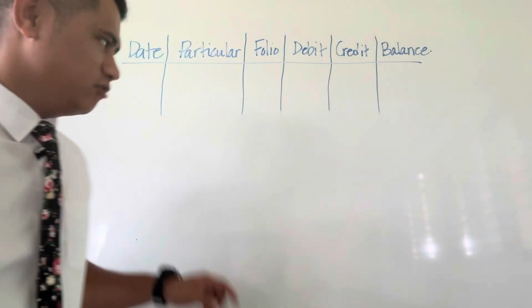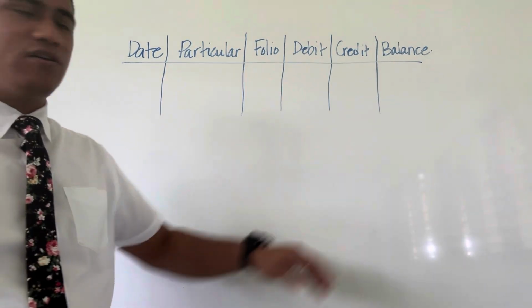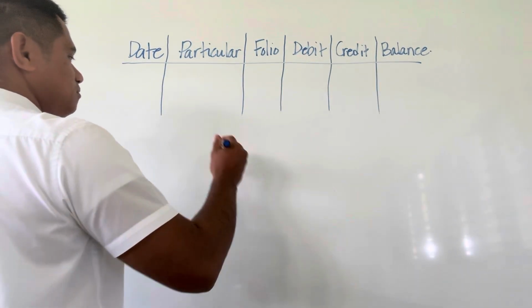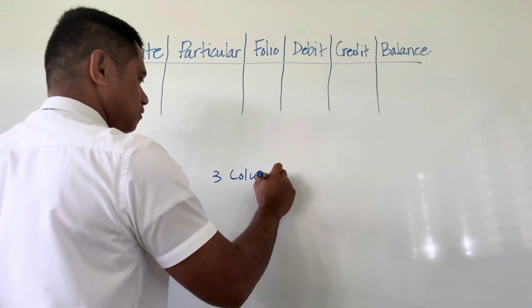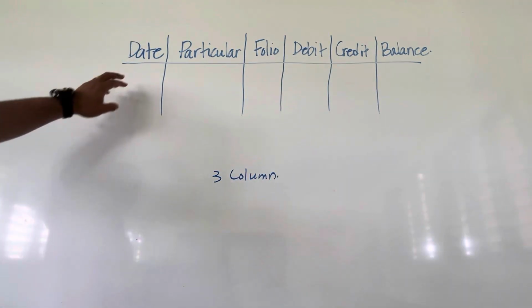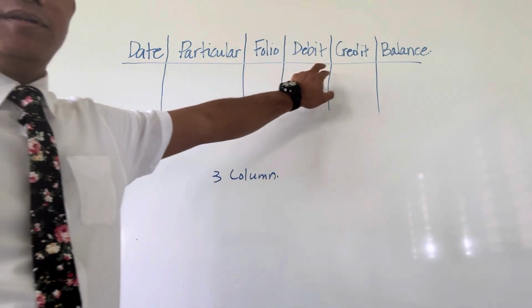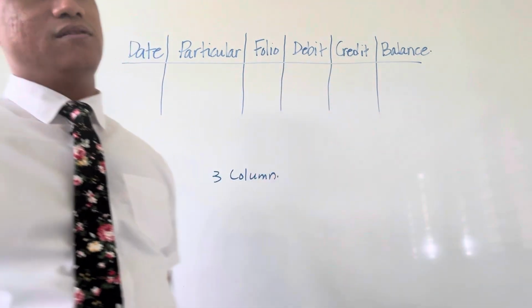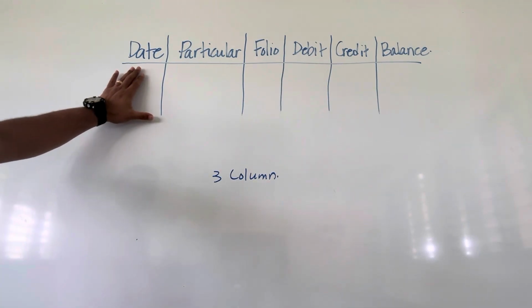Now, for the ledger, this is a 3 column ledger. It has date, particulars, folio, debit, credit, and balance. Those are all general terms.